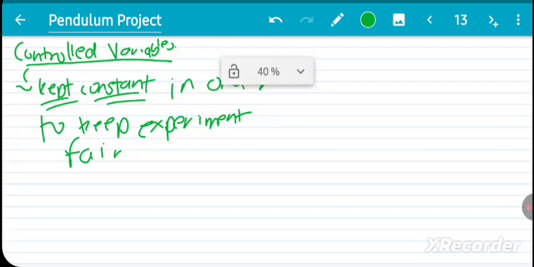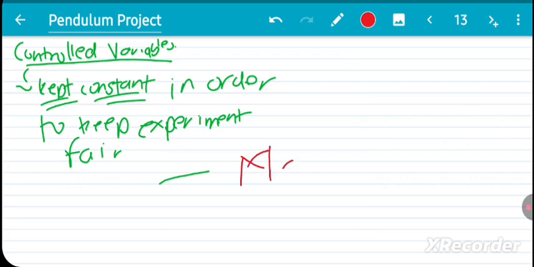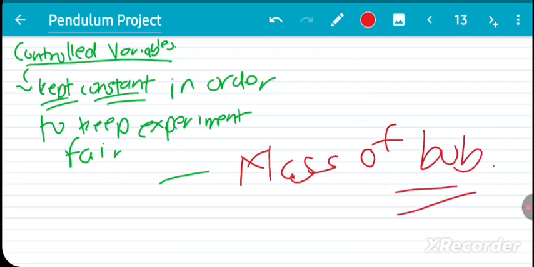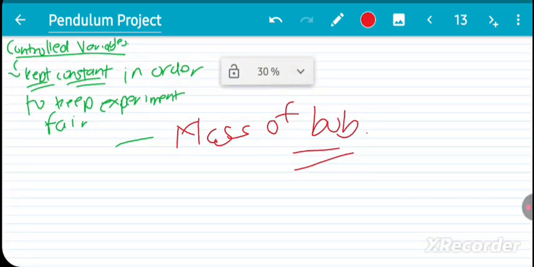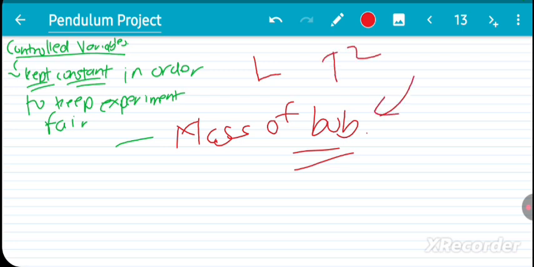What are they? Well, the mass of the bulb. You don't want to use a larger mass in one instance and a smaller mass in another, because that would be introducing doubt into the experiment. You want to focus only on the length and its effect on t². So you want to keep the mass constant, which makes mass a controlled variable.